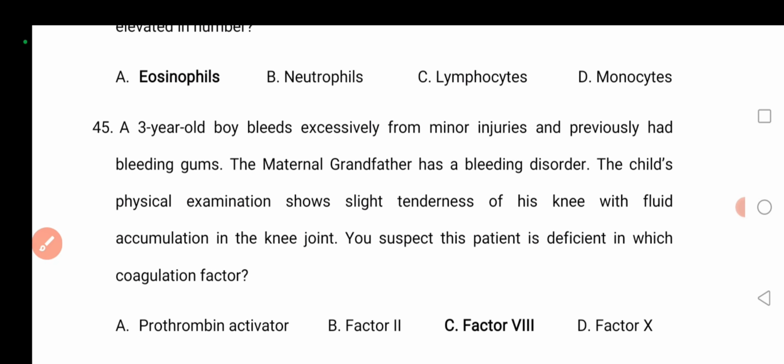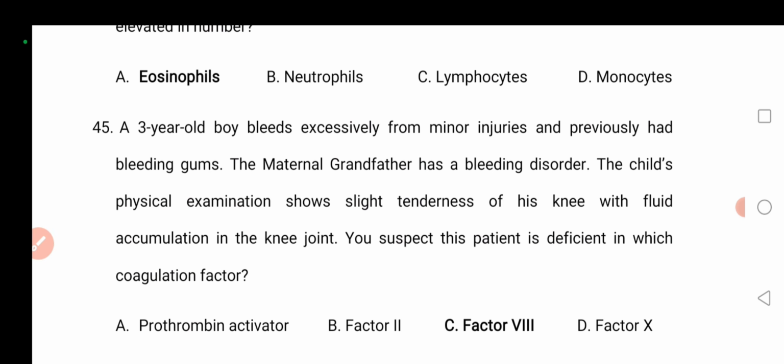Okay, the other question is a 3-year-old boy who bleeds excessively from minor injuries, previously had bleeding gums, and whose maternal grandfather has a bleeding disorder. His physical exam shows slight tenderness of the knee with fluid accumulation in the knee joint. So we suspect this patient is deficient in which coagulation factor? The most common bleeding disorders are hemophilia A and B. They are caused by factor 8 deficiency and factor 9 deficiency.